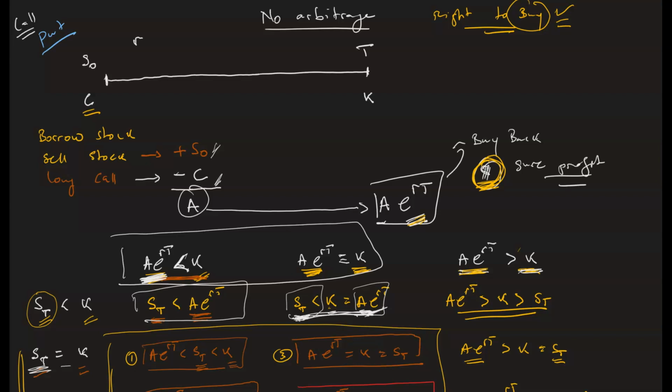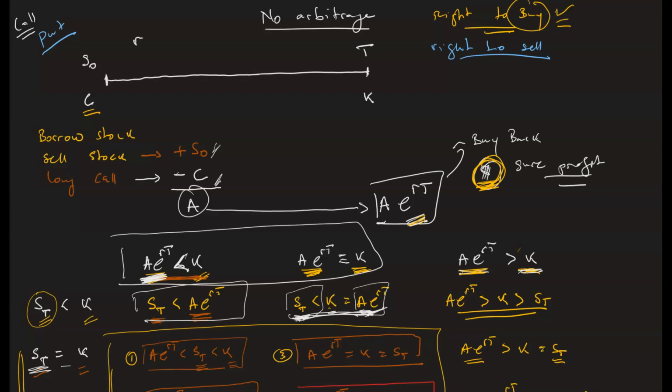Well, if we are to use a put option, what does the put allow us to do? It gives us the right to sell. So with the put, we have the right to sell, which means that we want to own the asset today so that we can sell it at some point in the future.